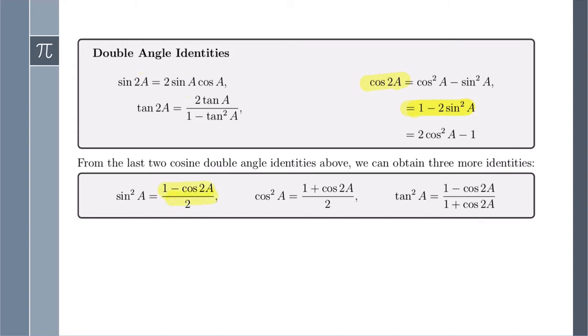Similarly, if we take the last one, cosine 2a equals 2 cosine squared a minus 1, and solve for cosine squared a, we will get this one. And then for tangent squared a, we can do sine squared a over cosine squared a, and we'll obtain this one. These three identities are very important, especially when we go to calculus courses. We need these, so these are very important.